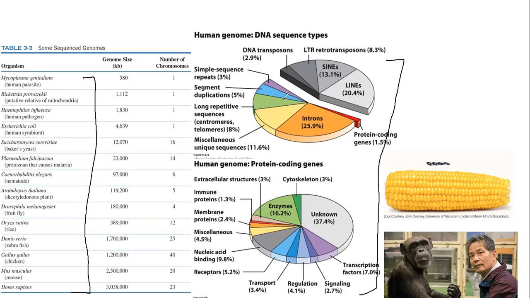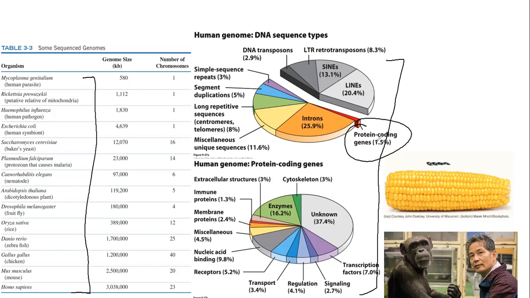And one of the interesting things is that of the DNA of humans, only 1.5% of it encodes for proteins, which is very surprising because proteins are the workhorses of the cell. Proteins do everything for us.